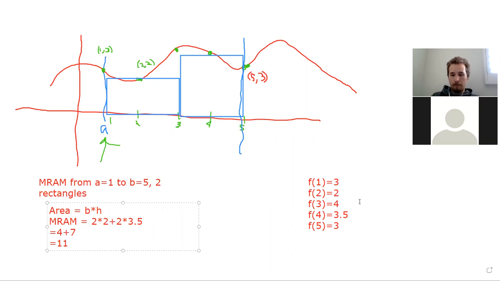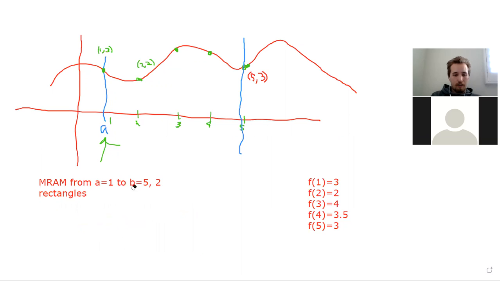Okay, we're going to go to the last one, which is the hardest. We saw some wildly different answers so far between LRAM, MRAM, and RRAM. To be fair, we got rid of a point for MRAM, so that doesn't count. But we saw completely different answers for LRAM and RRAM, because it's not super accurate if you don't have a ton of rectangles. What you could do to make it a lot more accurate is something called trap, which basically means trapezoid.